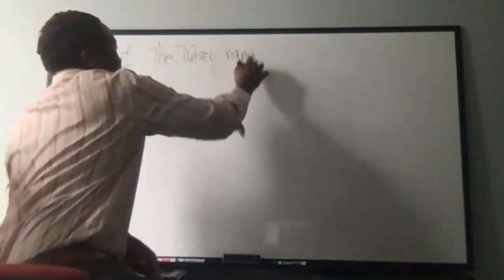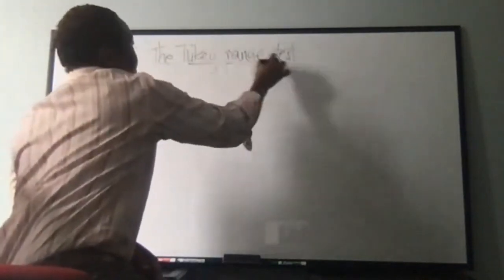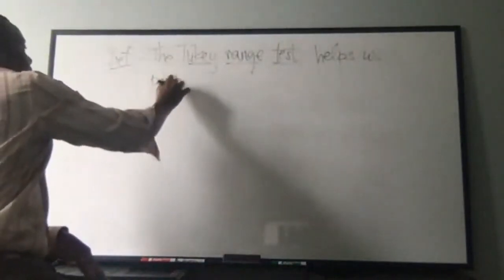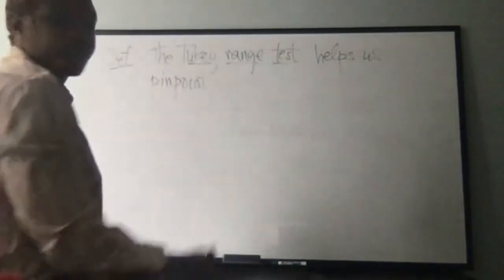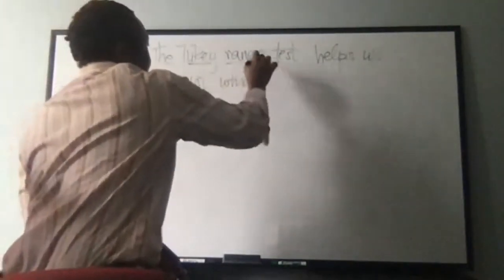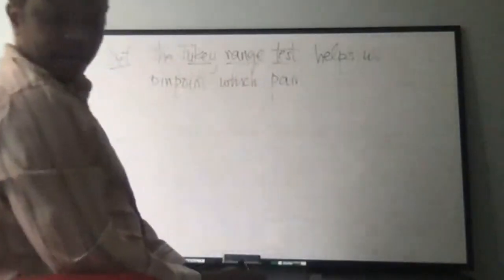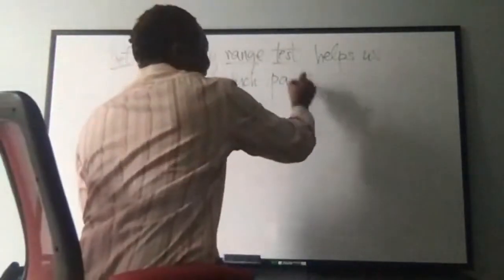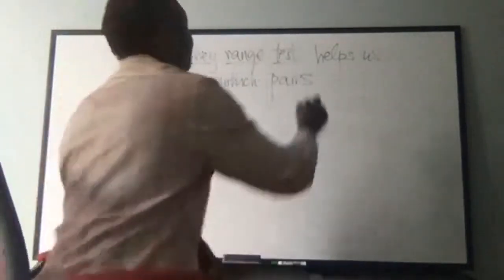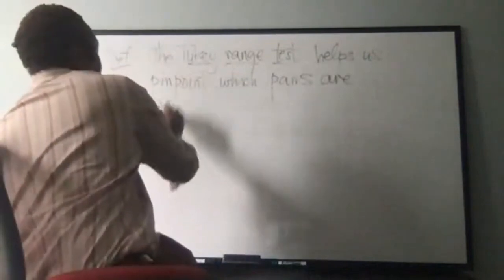So right here, I'm going to say definition, but pretty much we're on 446, 447 in general. The Tukey range test helps us pinpoint which pairs are significantly different.